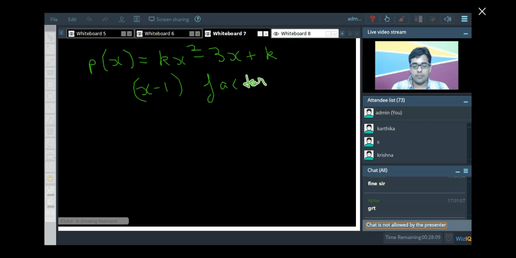It is given. Now, can anyone find here the value of k by using the factor theorem?